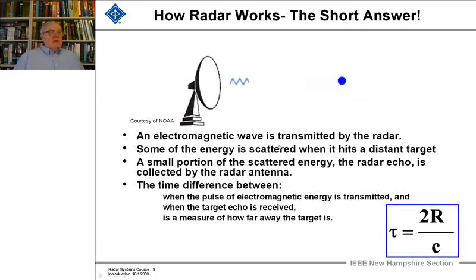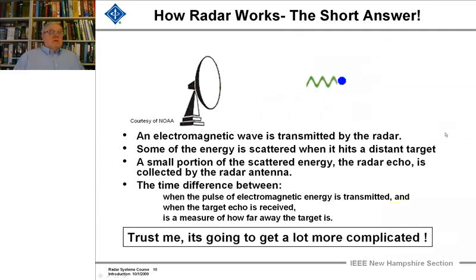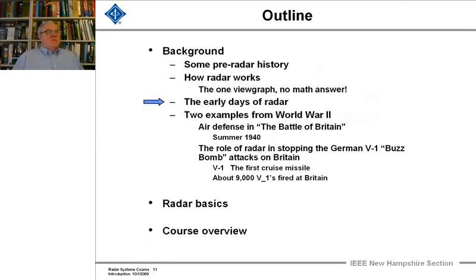And so the time difference will tell you how far things are. And here's the equation: the round-trip time is twice the range to the target over the speed of light. Now, as I said, trust me, it's going to get more complicated, and that's why I gave you a preface up front. This is a very quick overview.